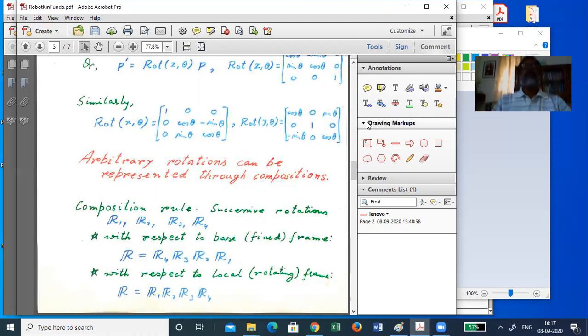So whichever way you do, you basically represent a 3D rotation with the help of 3 coordinates or with the help of 4 coordinates with one extra condition among them. Only 3 coordinates are independent. That we will do in the next.